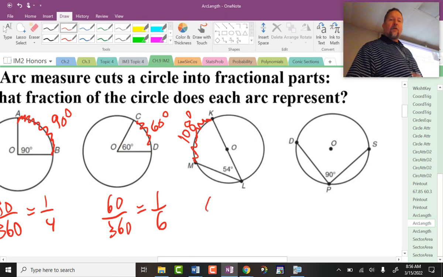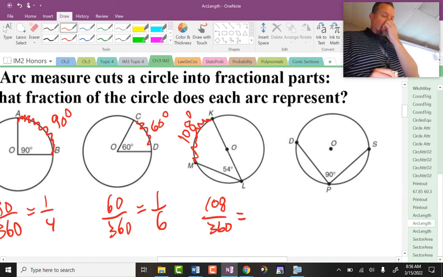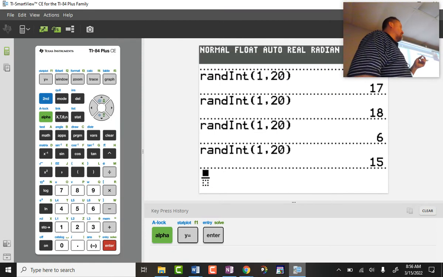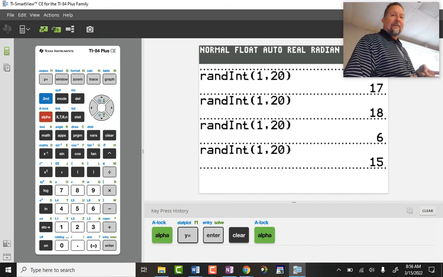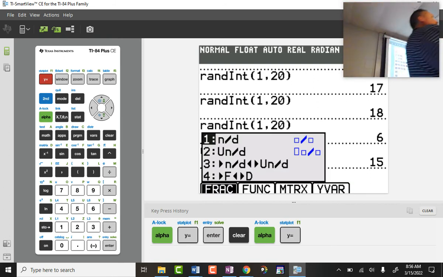So this is 108. Can someone get their calculator out? Help a fellow out. I think I do have my calculator open. By the way, while you're here, if you have a TI and you still don't know this button exists, you're severely and totally behind in my class. I'm gonna be honest. I show this calculator stuff all the time.